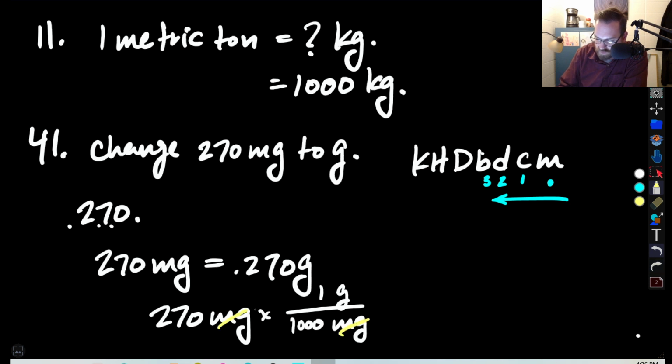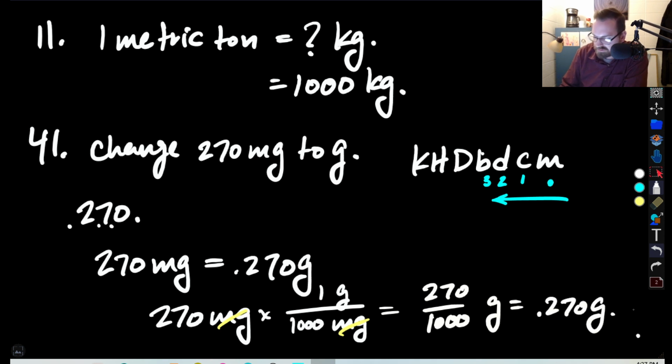So boom, boom. And as a result, I would get 270 divided by 1,000. Grams is what I have, and in this case, it would be 0.270 grams. Okay? So that's effectively the process that you can take on these kinds of problems here. So these are my solutions.